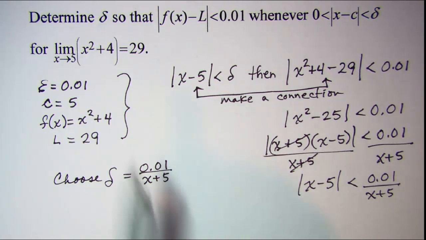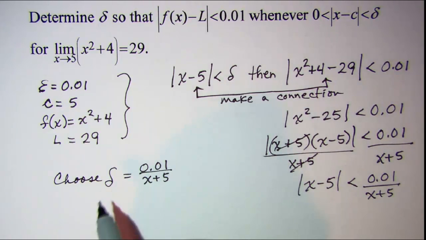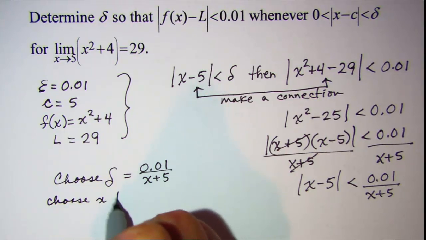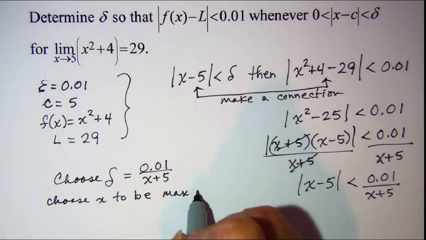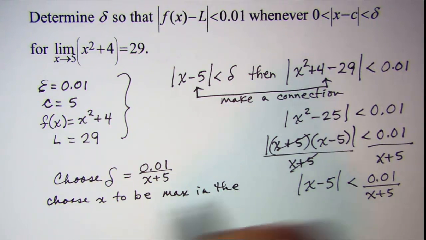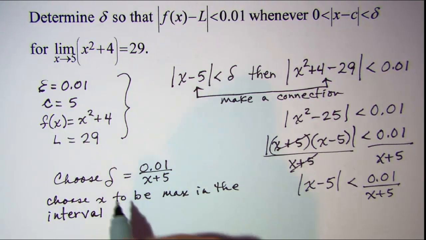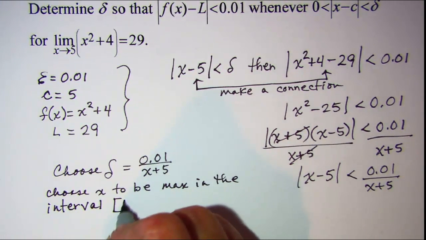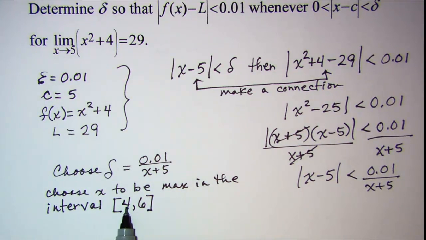Since x is approaching 5, we'll choose x to be the max in the interval from 4 to 6, as we go 1 less than 5 and 1 greater than 5.